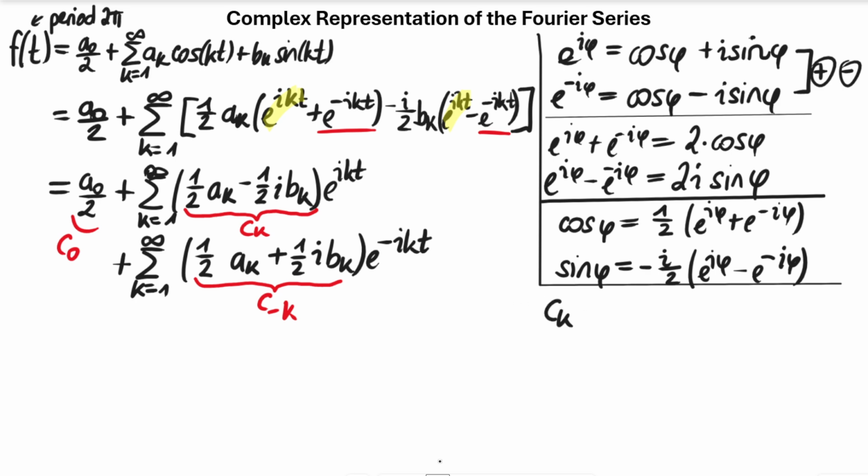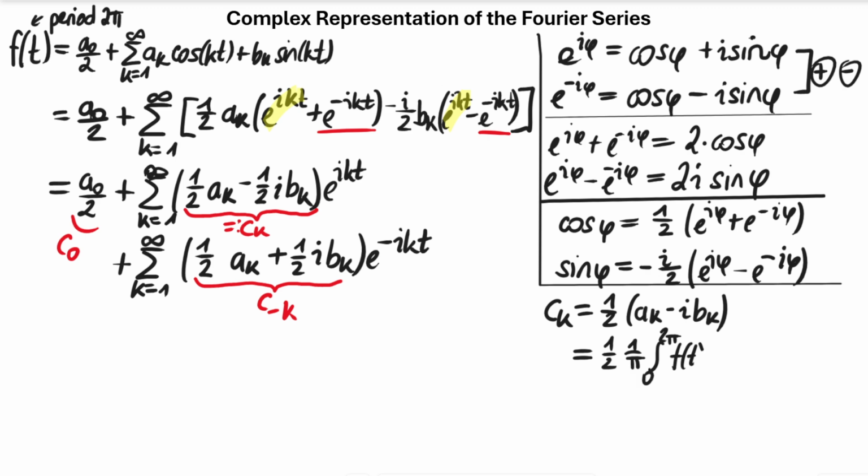So the first one was a definition. So this we defined here. And I just copy. Factor out the 1/2. So we have a_k minus i b_k. And now we plug in the Fourier coefficients, which means it is 1/2. And then the formula for the first one is 1/pi, since the period is 2pi.